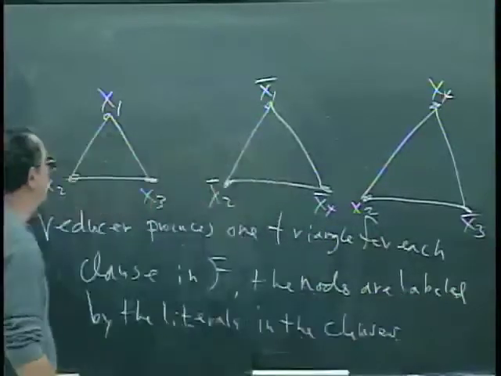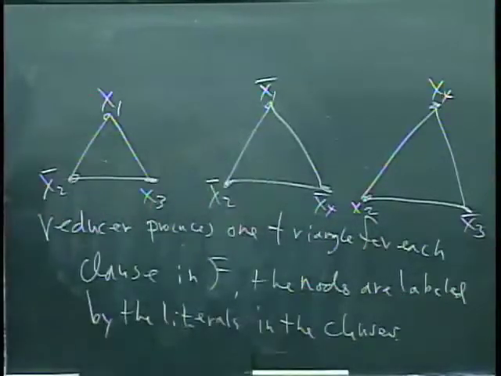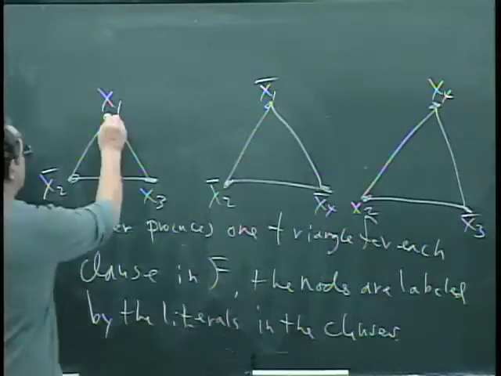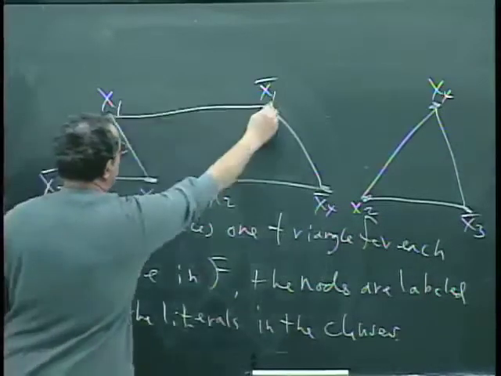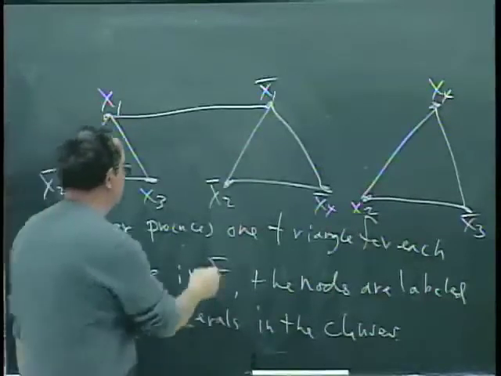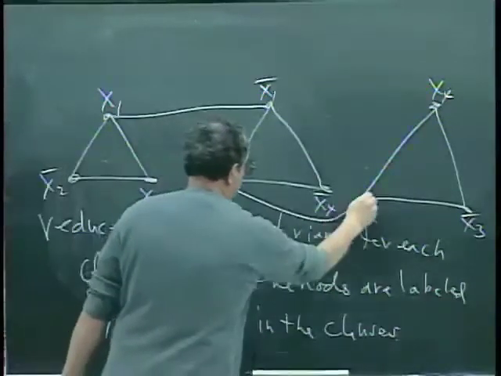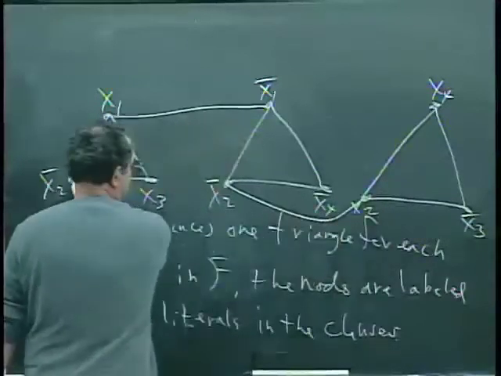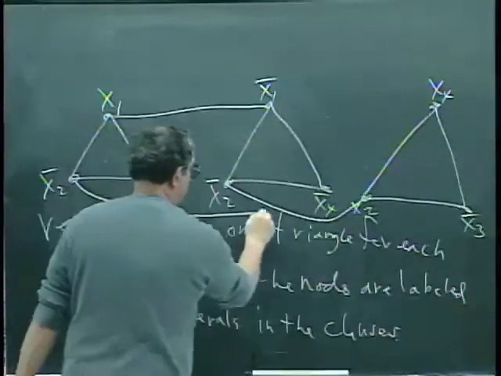Okay? And then what we're going to have is an edge between any two nodes that are labeled with complementary literals. So x1 and x1 bar, there's an edge there, and x2 and x2 bar there, and this is going to get a little messy.